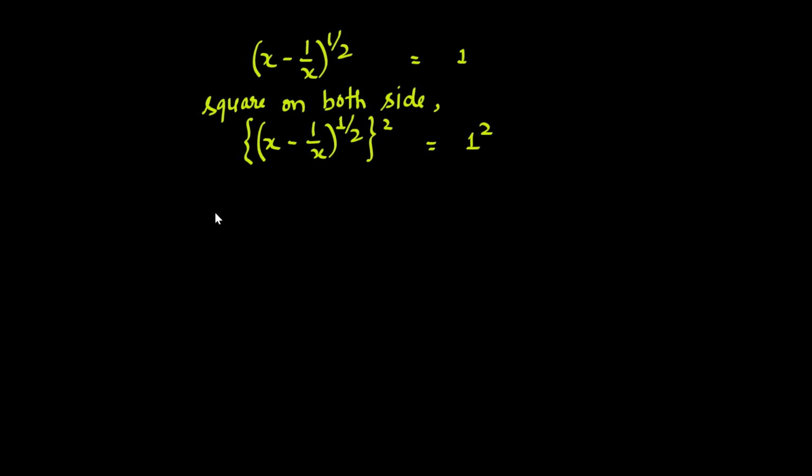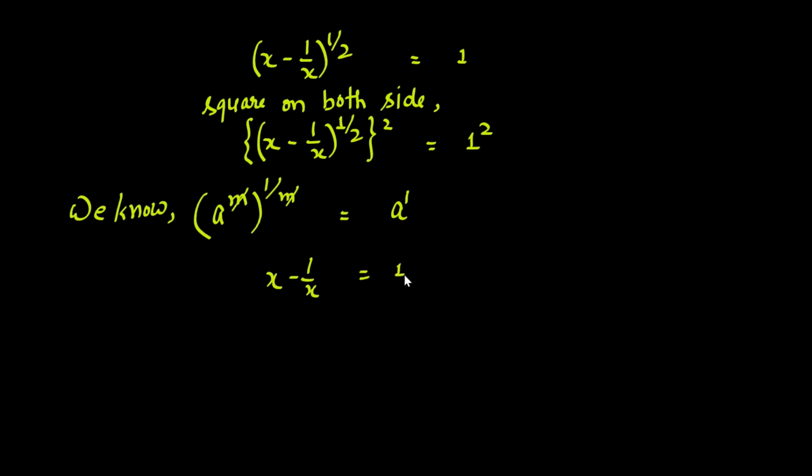As we know, (a^m)^(1/m) is equal to a, because this m and this m will be cancelled out. So we can write our expression (x − 1/x) is equal to what?